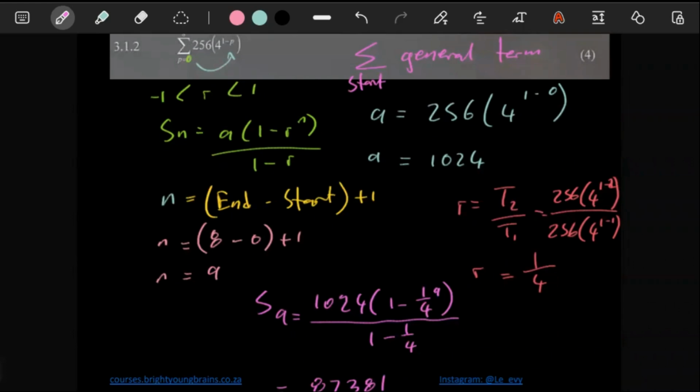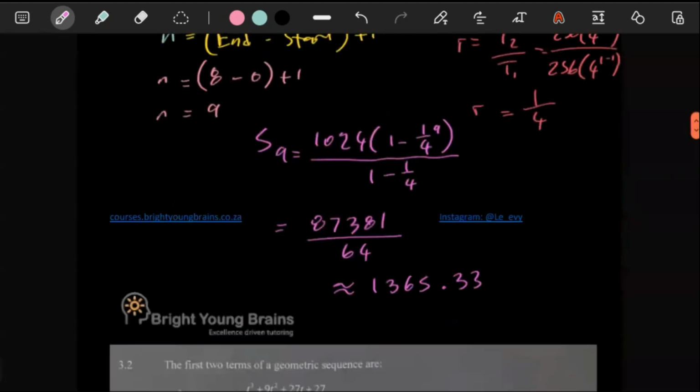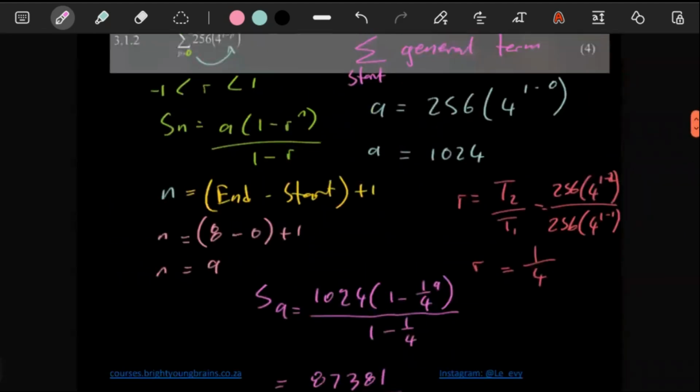Because I'm not liking that answer at all. Uh-oh, it's the same one. Come on, this doesn't make any sense. 1 minus r to the power of 9.